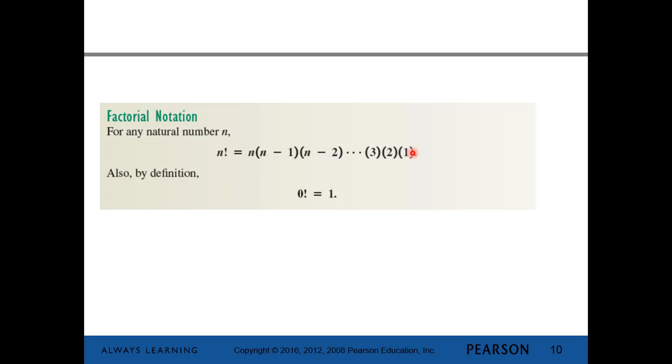By definition though, 0 factorial is always equal to 1. This is by construct and by pattern. So 0 factorial is 1, and n factorial is n times n minus 1 all the way down to 1, just like we did in the last example.